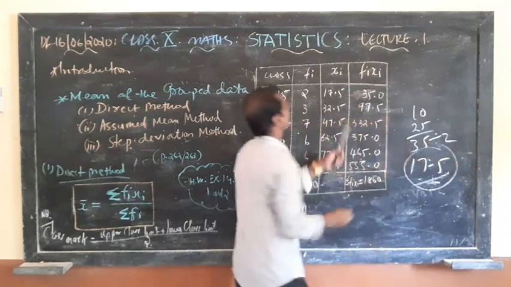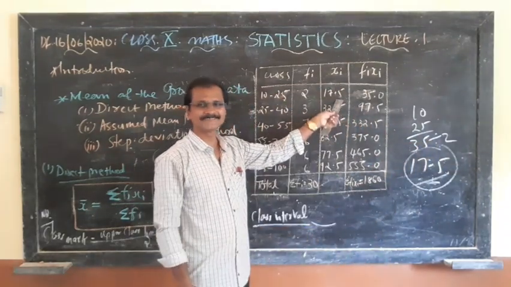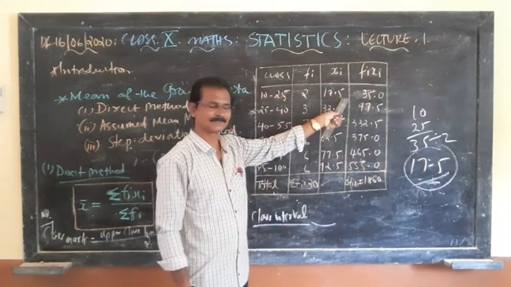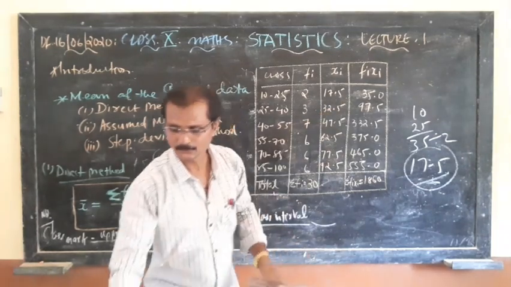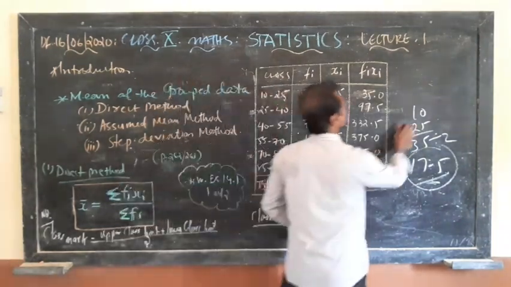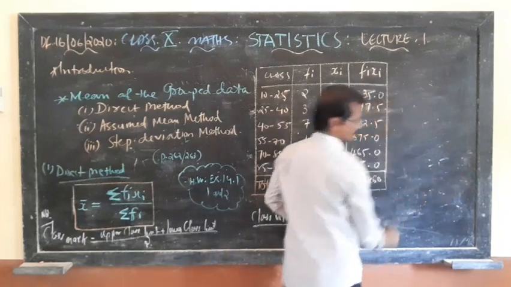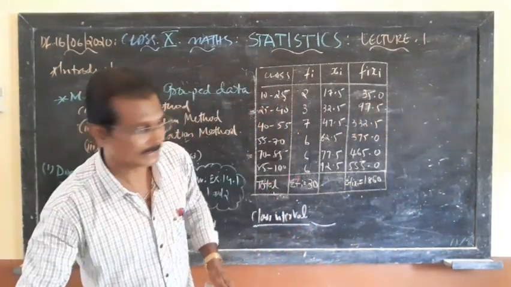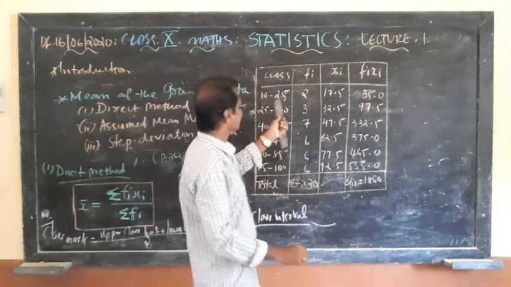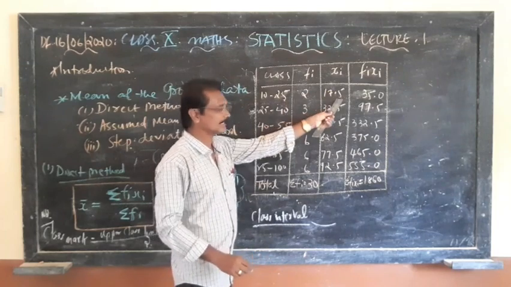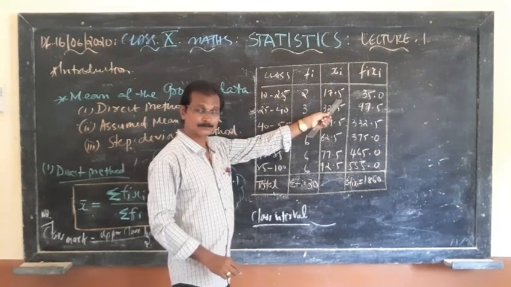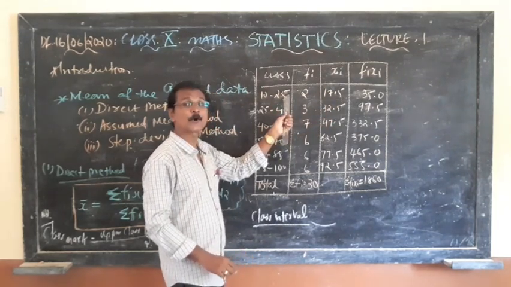35 divided by 2 is 17.5. Now you can write that here, 17.5. Once again, please, it's very important, listen here. Class mark means the middle mark, the midpoint.